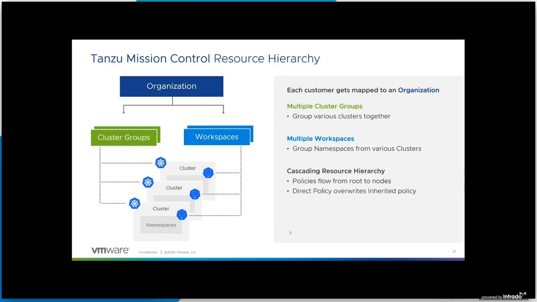If I want to apply an image registry policy, where I'm telling my development team or my DevOps engineers that they have to pull from a specific registry, my local registry, and not from Docker IO, because there are a lot of vulnerabilities there, that kind of policy is related to an application construct. It's related to a namespace, or in our case, a workspace. A workspace is a higher construct for a namespace. So you can aggregate multiple namespaces into a single workspace across different clusters, of course.